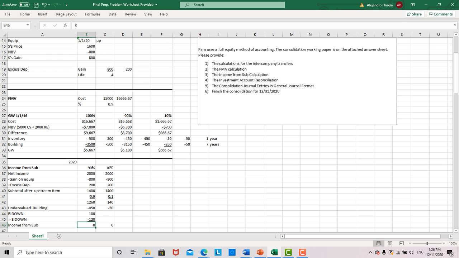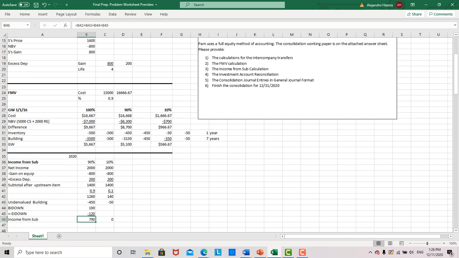Okay, and that will wrap up our income. So you're going to take the 1,260 for the building, and you're going to net out all these additional items here. So your income for the controlling interest is 790, and your income for the non-controlling interest is 90.